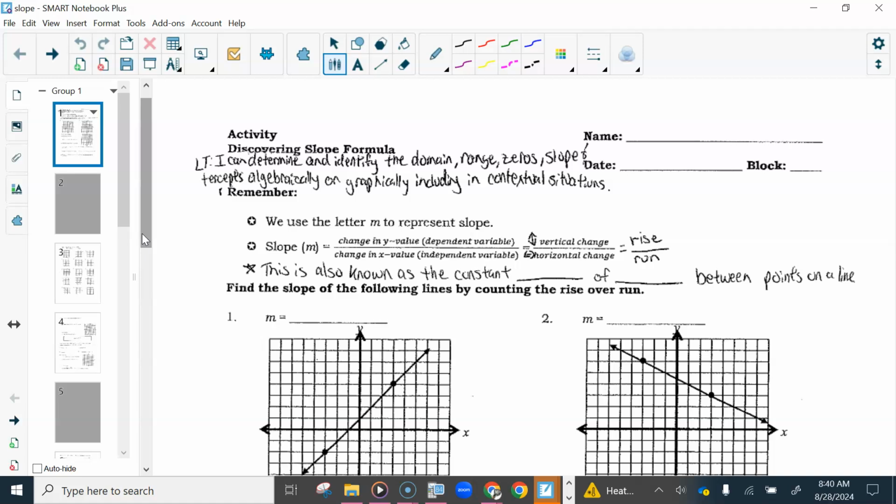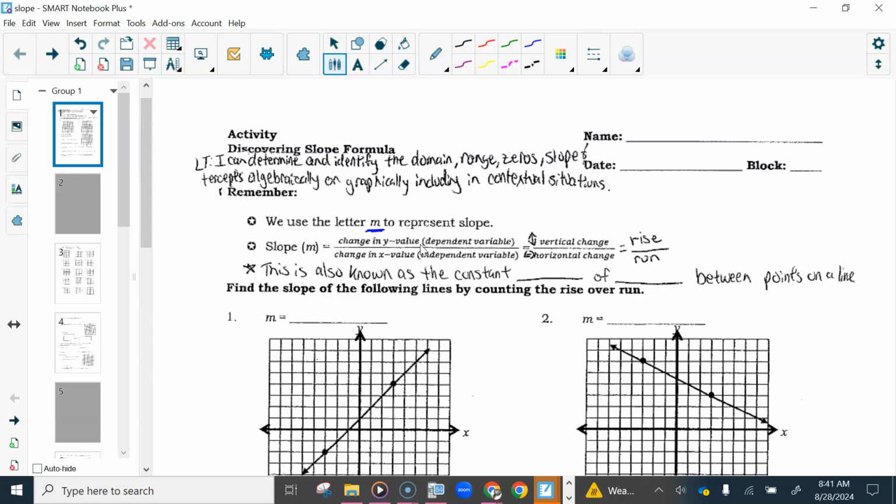So with our slope, you need to remember a couple things. One, that we use the letter M to represent slope. And that M represents the change in the y value over the change in the x value, or the change in the dependent variable over the change in the independent variable. Also known as the vertical change over the horizontal change. Also known as rise over run. You may or may not have heard this one: it's also known as the constant rate of change between points on a line.